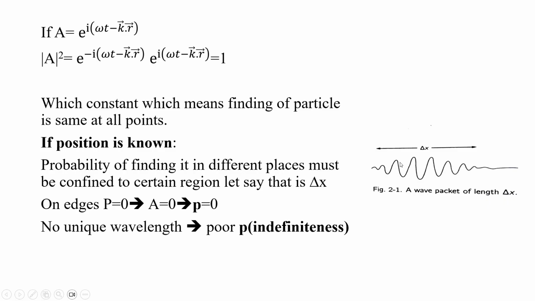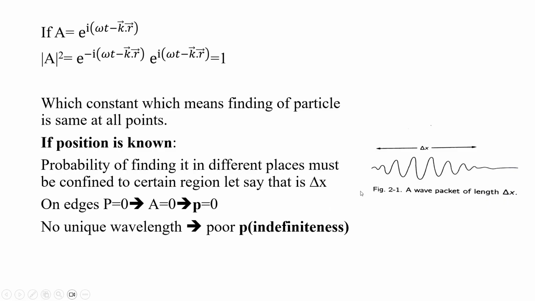Now what we see here are these curves, high curves, low curves, greater peaks. Then as we move away from it, it becomes a straight line. So at the edges, the probability of finding the particle becomes 0, which means this A becomes 0 and ultimately the momentum becomes 0.